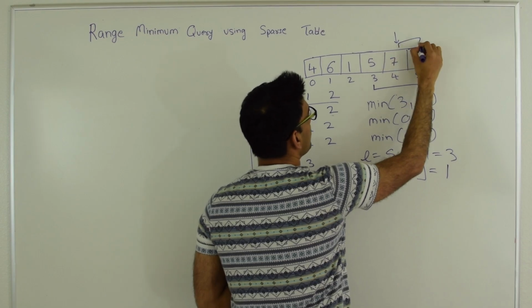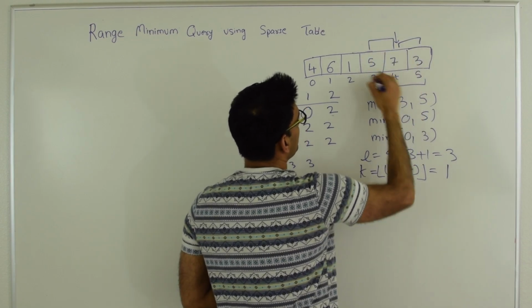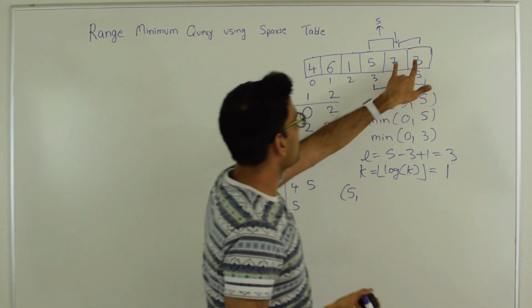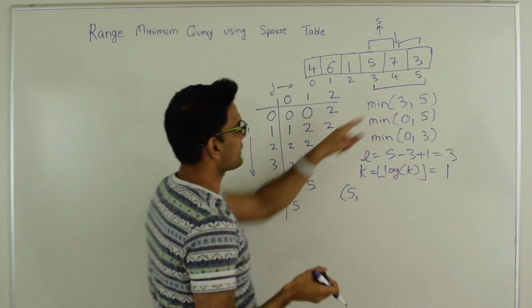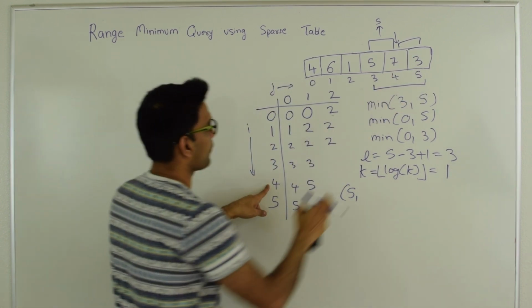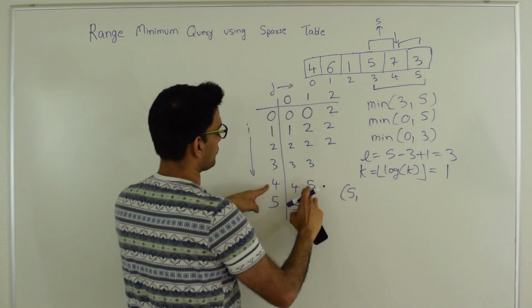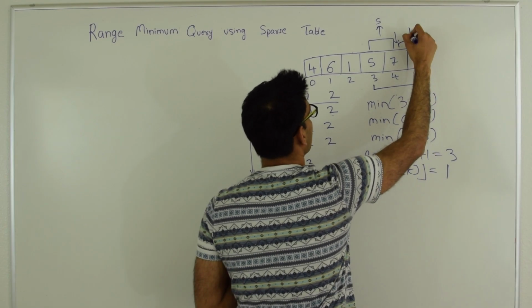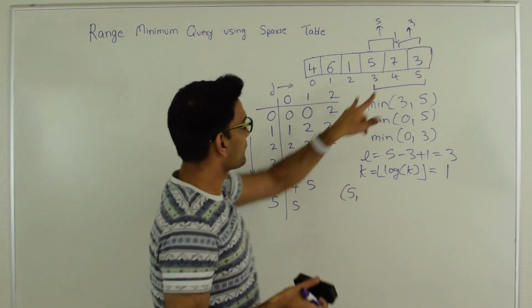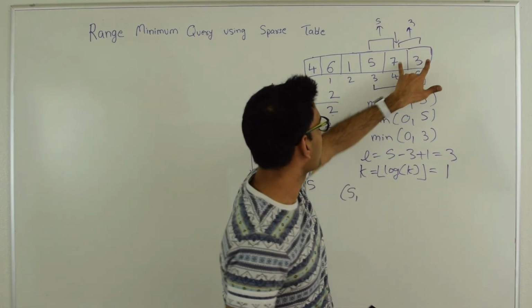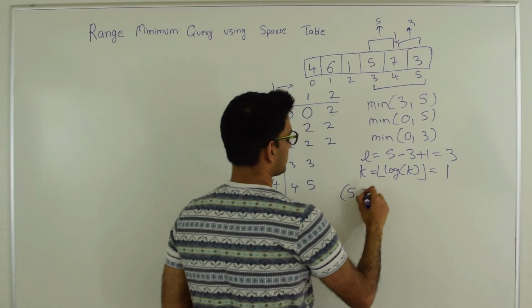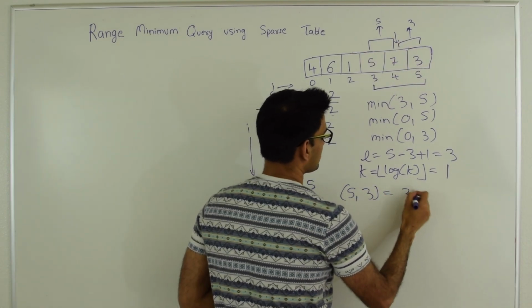So we already got the minimum of the first part, where the value was 5. And now we get the minimum of these two. To do that, we go to 4, and K is 1, so this value is 5, the index of 5 is 3, so this value is 3. So we have a minimum from 3 to 4, and a minimum from 4 to 5, so the minimum of 3 to 5 will be the minimum of these two, so that value is 3.